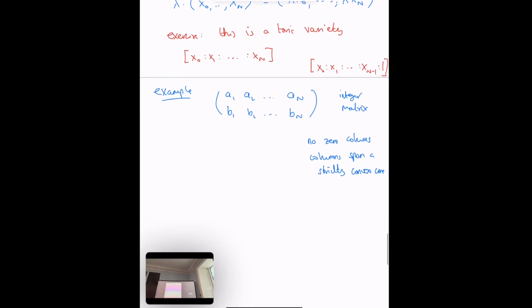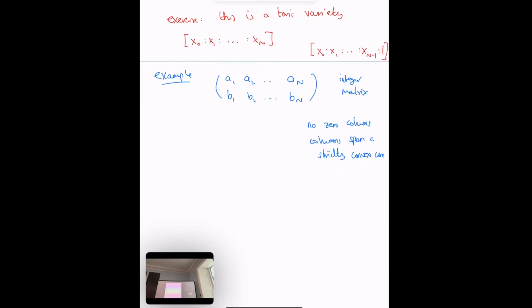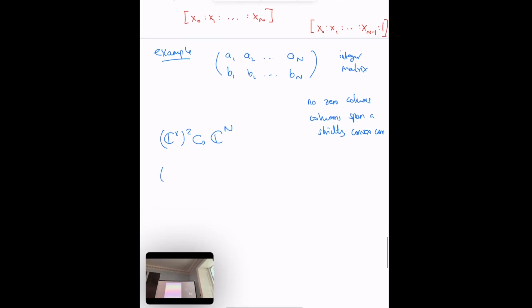variety. I'm going to use this matrix to define an action of C star squared on C to the n. I'm going to decide that lambda and mu in C star squared acts on x1 through xn as lambda to the a1 mu to the b1 x1, and so on, lambda to the an mu to the bn xn.